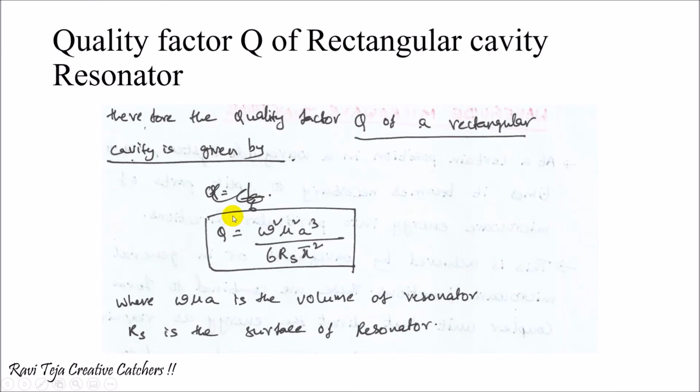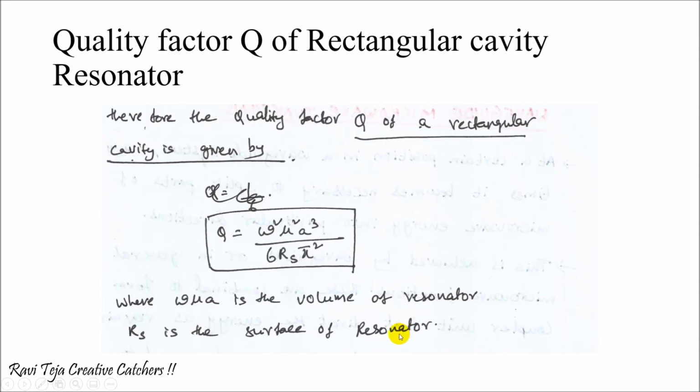The quality factor Q of a rectangular cavity resonator is given by Q equal to omega square mu square A cube by 6 RS pi square, where omega, mu and A relate to the volume of the resonator, and RS is the surface resistance of that particular resonator.